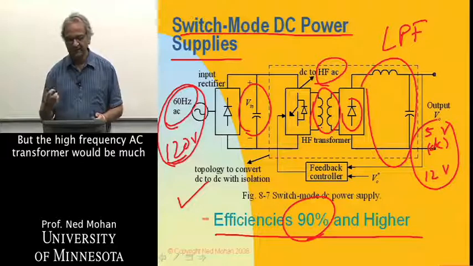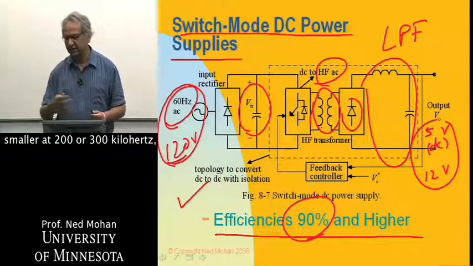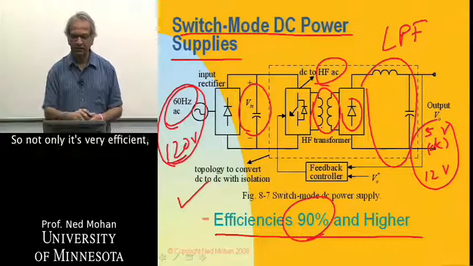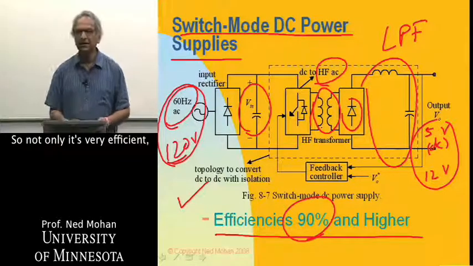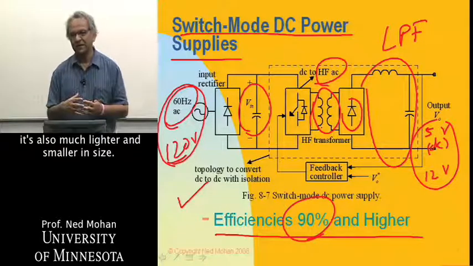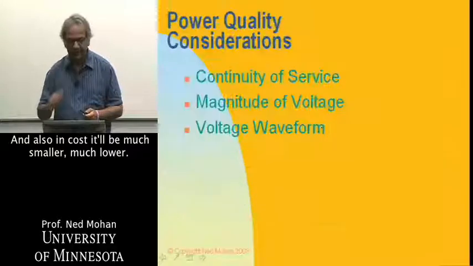But this high frequency AC transformer would be much smaller at 200 or 300 kilohertz compared to a 60 hertz transformer. So not only is it very efficient, it's also much lighter and smaller in size, and also much lower in cost.